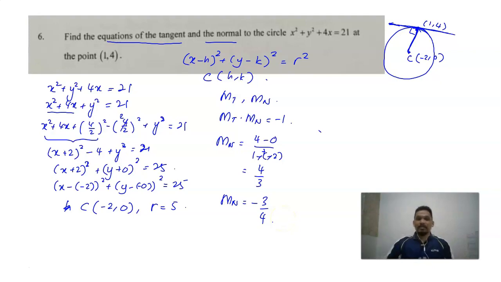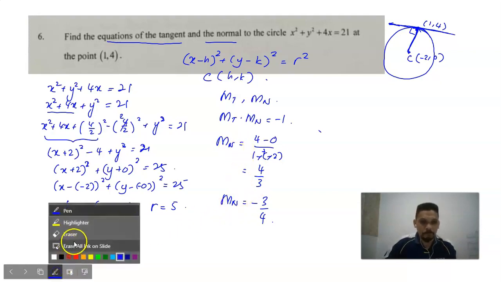Okay, so now class, to find the equation of tangent and equation of normal. For the equation of tangent, we can only use the point (1, 4) and the gradient of tangent. Sorry, this is the gradient of normal; it should be the gradient of tangent here.